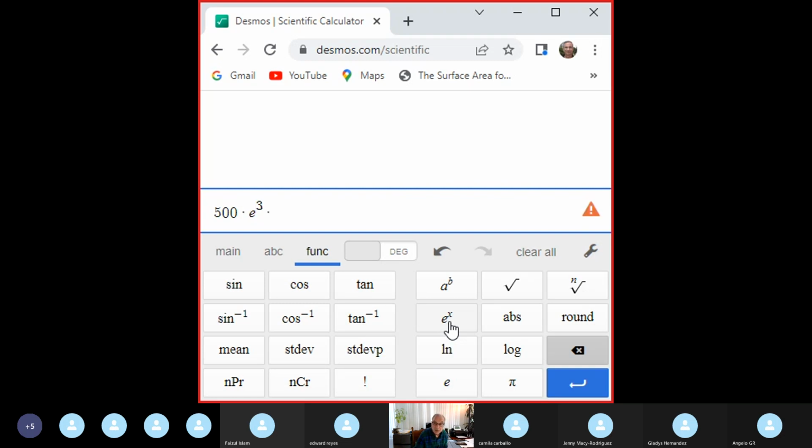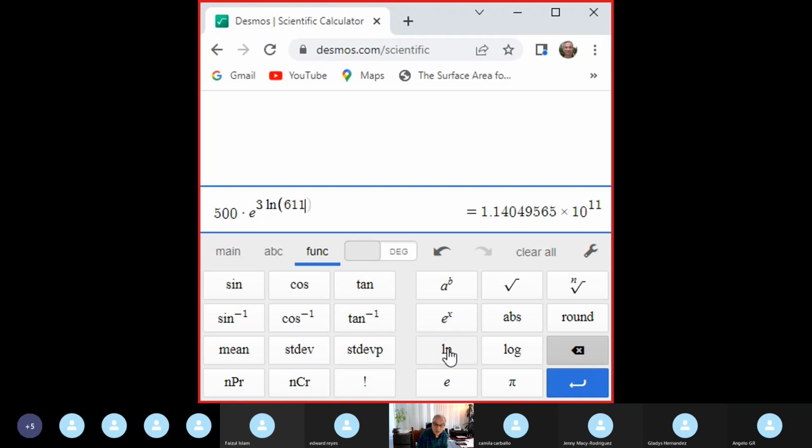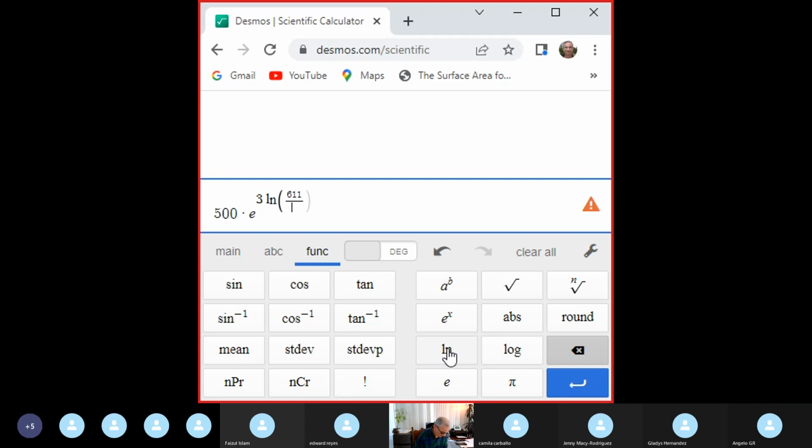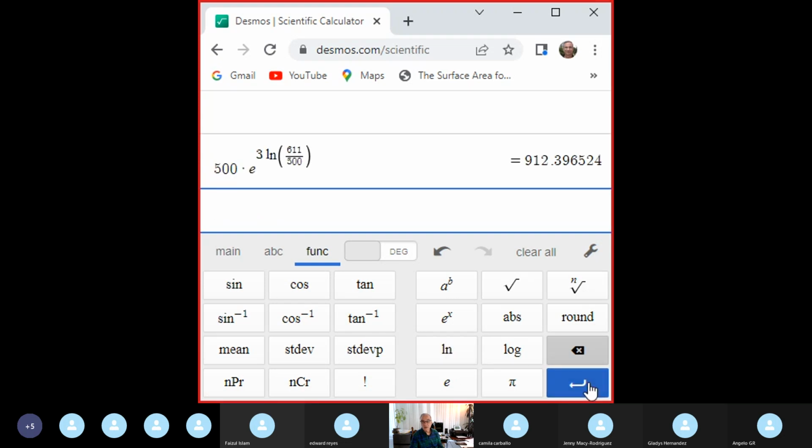You put an exponent, 3 times natural logarithm of the division 611 divided by 500. Bam! I get the answer. Look at that. The answer is 912.